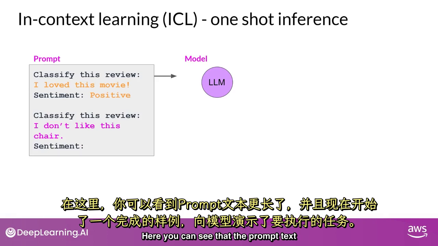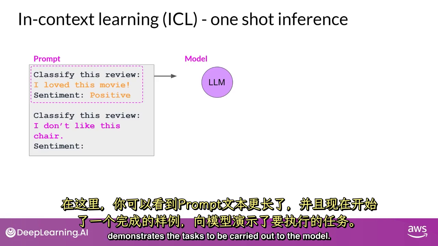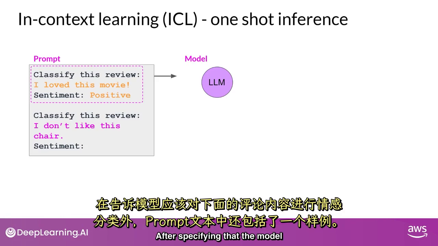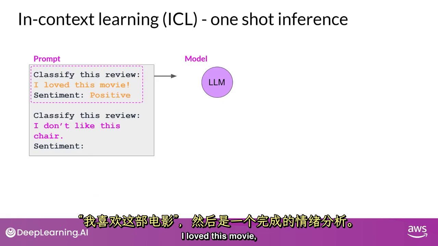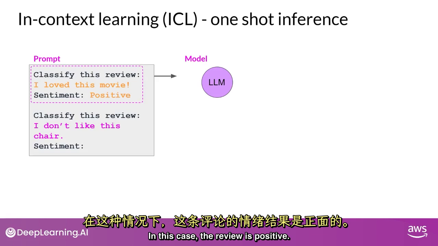Here you can see that the prompt text is longer and now starts with a completed example that demonstrates the task to be carried out to the model. After specifying that the model should classify the review, the prompt text includes a sample review, I loved this movie, followed by a completed sentiment analysis. In this case, the review is positive.